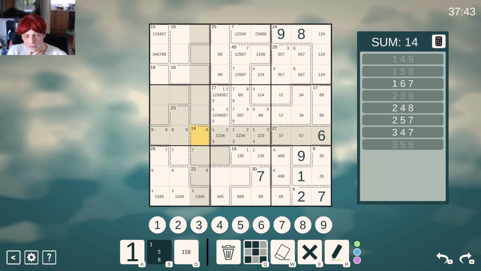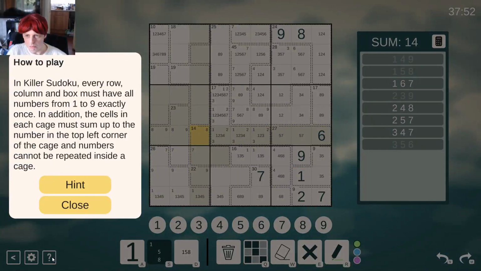This is I'm trying to solve this killer Sudoku. I'll put up the rules so that you can understand how it works. Basically, you have the normal rules of Sudoku, which is that every row, column and box must contain the numbers 1 to 9. So that's a row, that's a column, and that's a box.